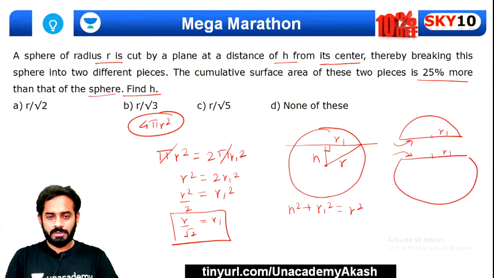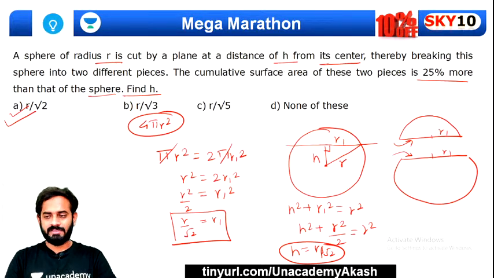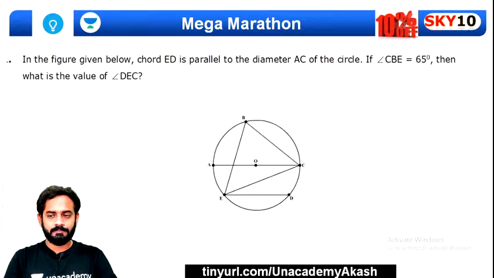So h square is equal to r square minus r1 square. R1 square is nothing but r square by 2, so from here h comes out to be r by root 2. So option A is the correct answer. Yes, very simple. I hope you understood this part.